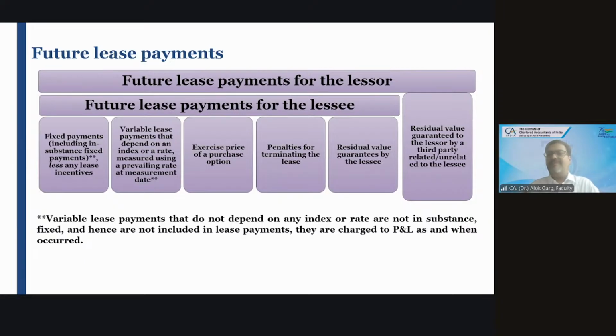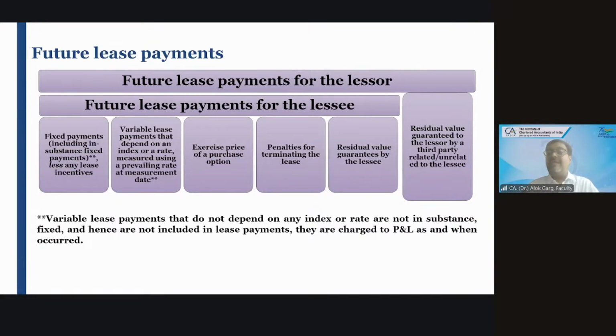Today you are aware that if I am paying 1 lakh rupee in the first year, I am going to pay 1,10,000 in the second year, 1,21,000 in the third year, 1,34,000 in the fourth year, and 1,46,000 in the fifth year, for example. So this escalation is also in substance fixed payment, right?